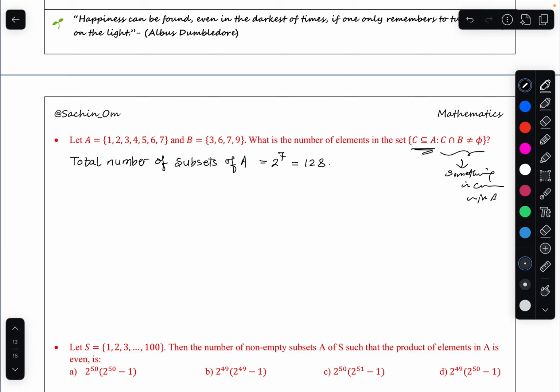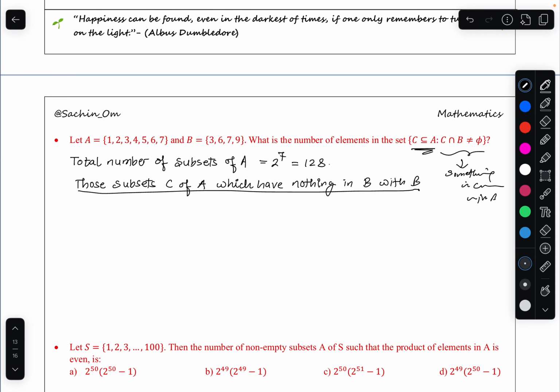Now I'll find those subsets C of A which have nothing in common with B. So what I'm trying to find in this case is the number of subsets of A which have nothing in common with B.